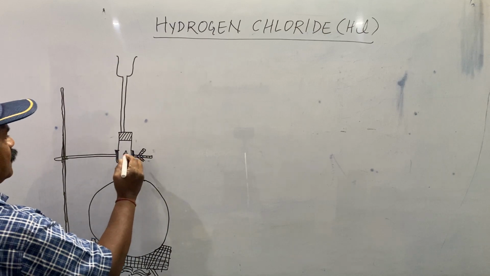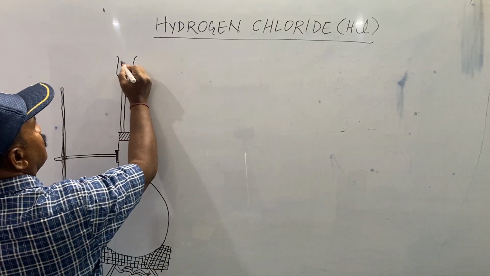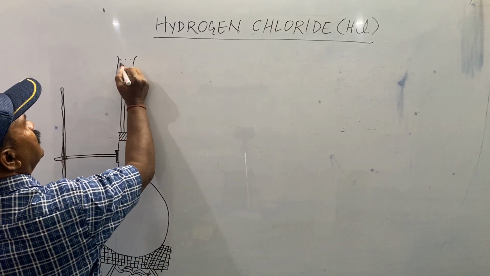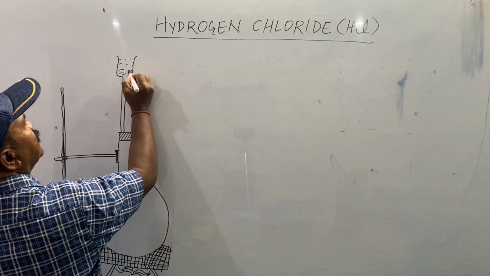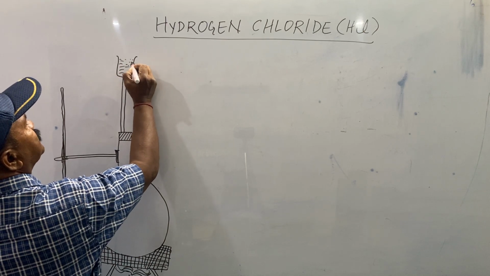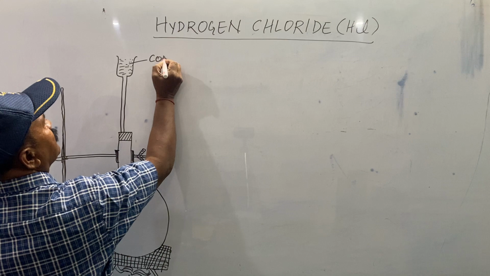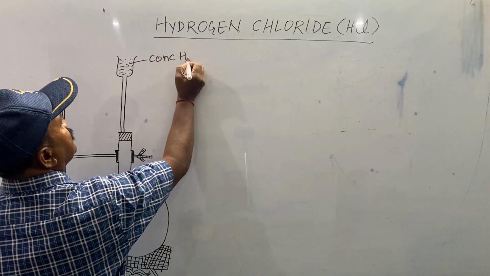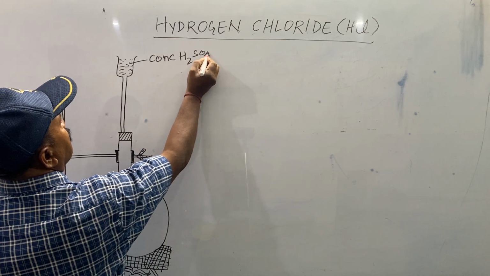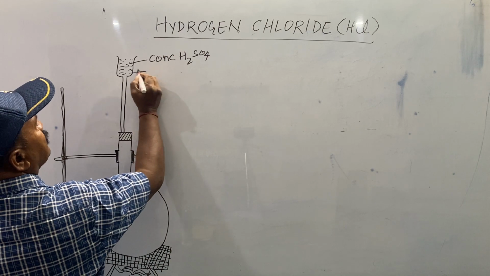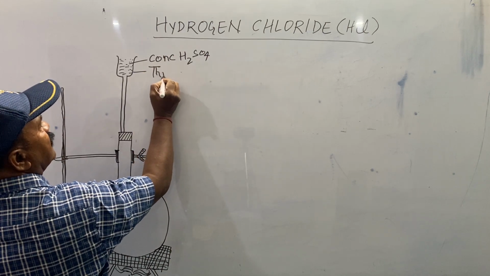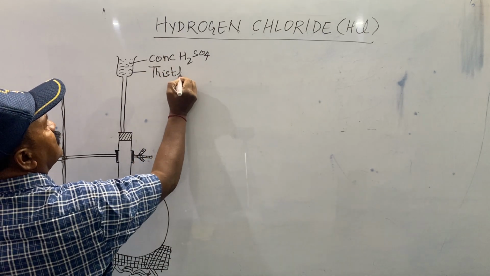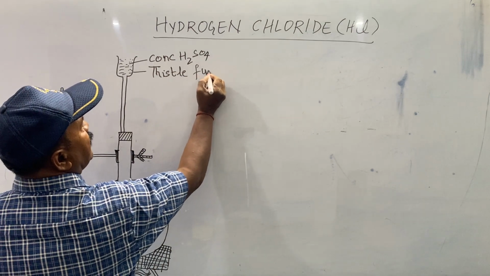Okay, so this is the thistle funnel in which we are pouring the concentrated sulfuric acid, conc H2SO4. This is our thistle funnel.